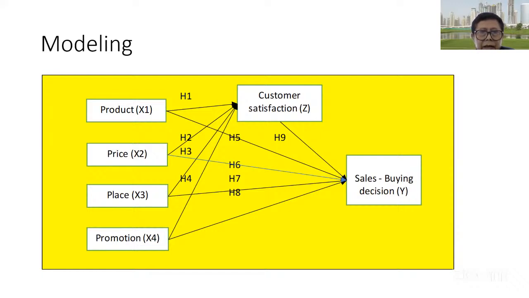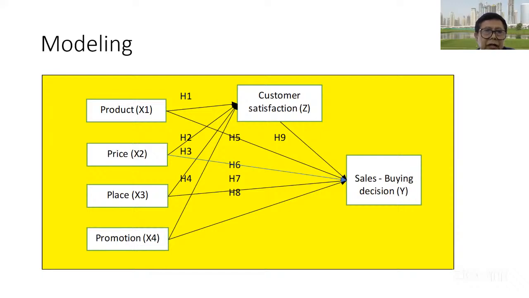And then we try to identify the independent variable. The independent variable has an impact or influence on sales, the dependent variable. The independent variables for this example are product, price, place, and promotion.